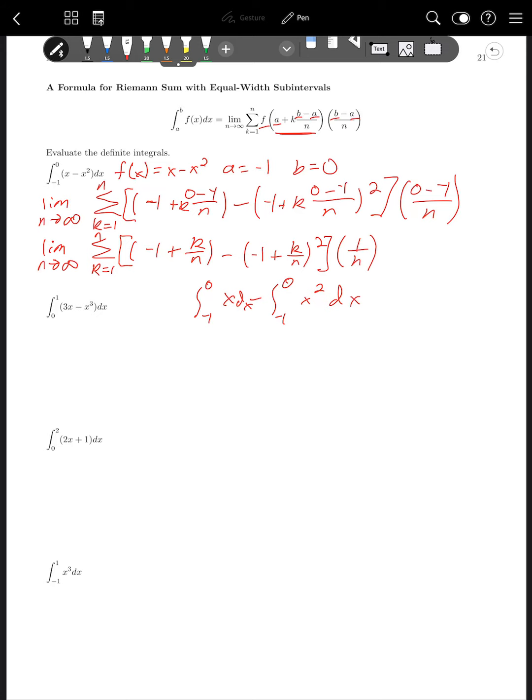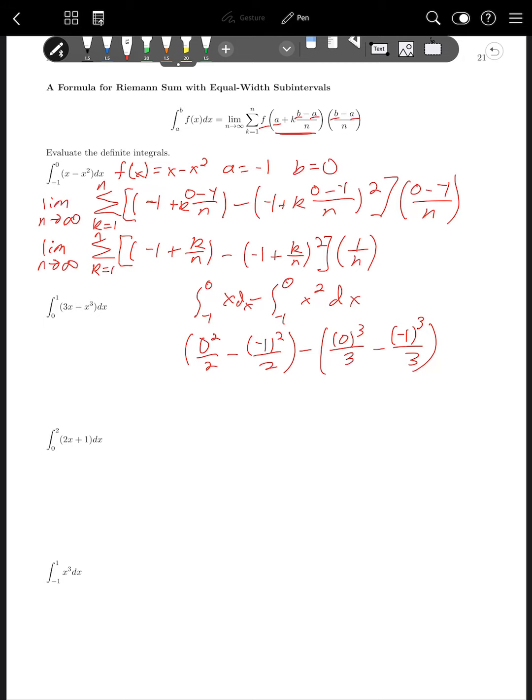So this would be b squared over 2 minus a squared over 2, minus, now we have x squared, so that's going to be b cubed over 3 minus a cubed over 3, and then just simplify from there to get the answer.